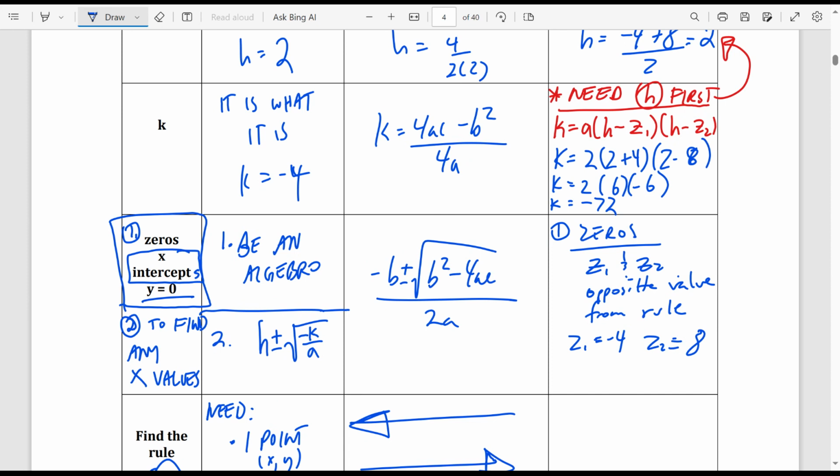So that's all that is there for the zeros part of it. But in order to find x values, the second part of this, you're going to have to convert to find x. So you're either going to convert to this one or you're going to convert to this one. And we'll show you how to do that.